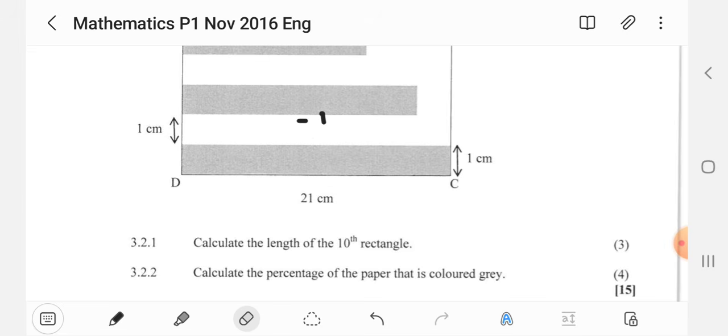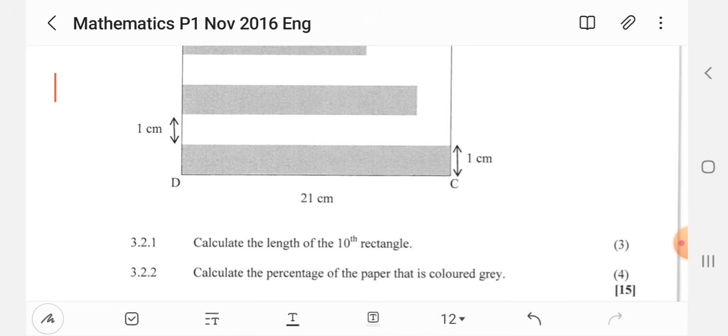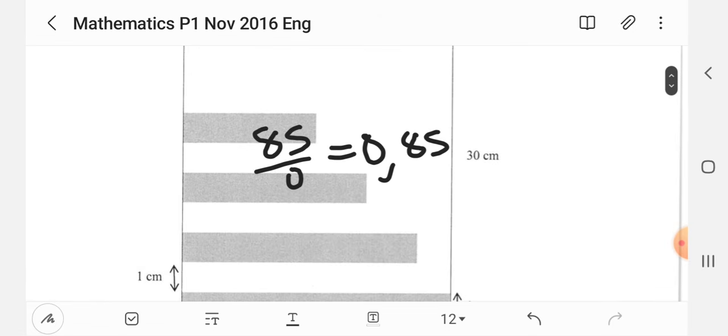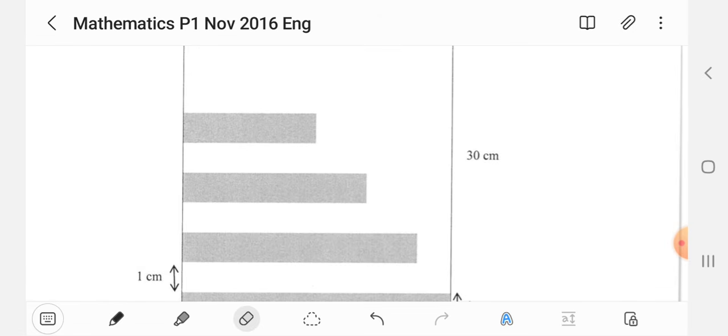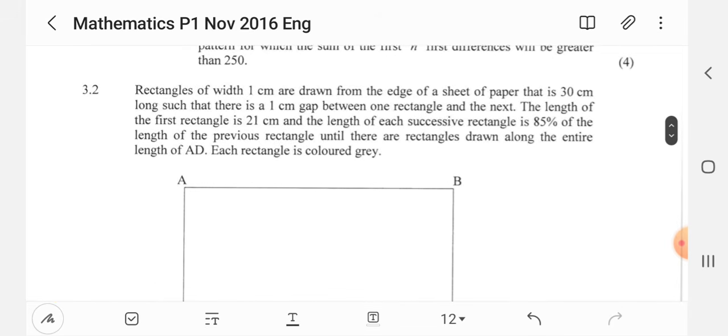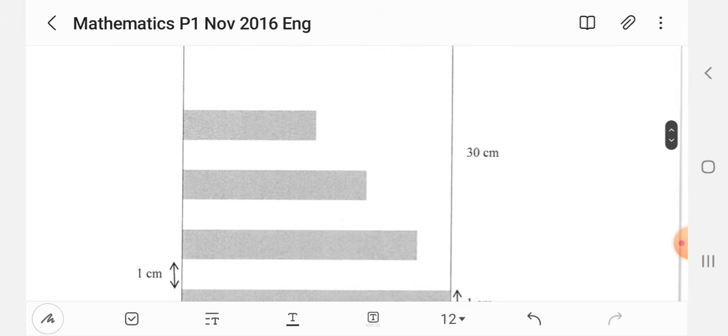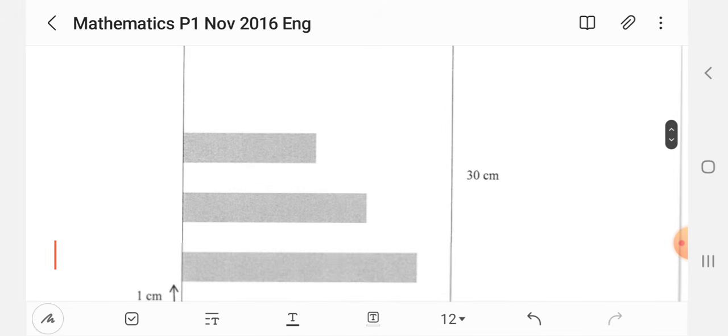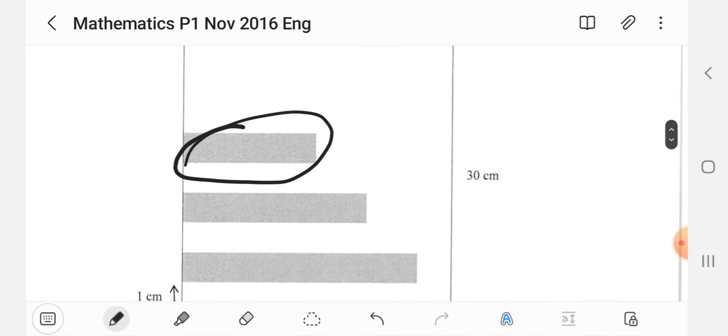And then 3.2.2 says calculate the percentage of paper that is colored gray. Well, that is 50%. Let's look at it together. Here this thing is 30 centimeters long, and all the shapes are 1 centimeter, and there's a 1 centimeter difference.